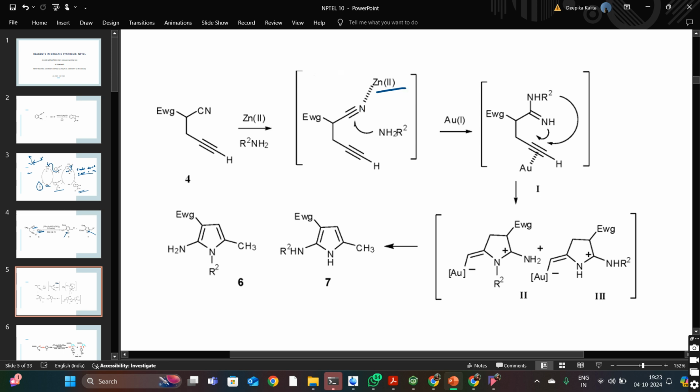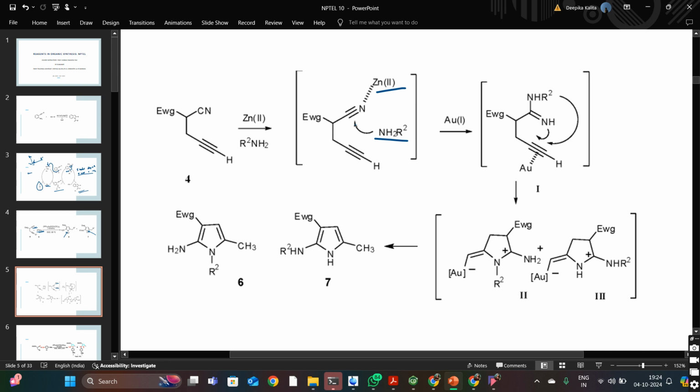So the cyanide is activated by zinc metal in +2 oxidation state, and then the primary amine which is added in the reaction is going to attack at the carbon atom of the cyanide.